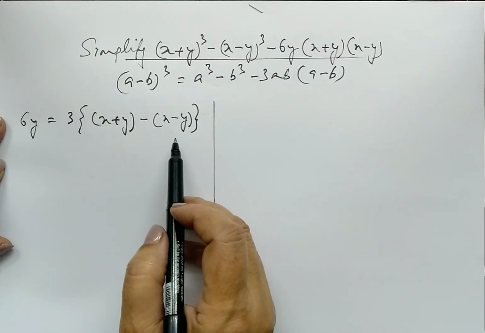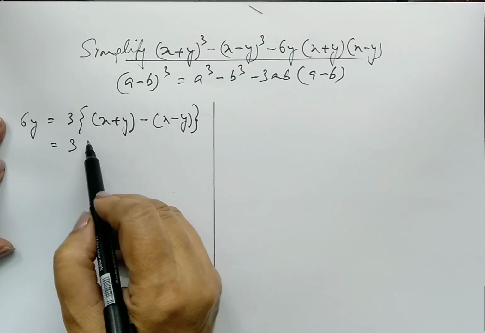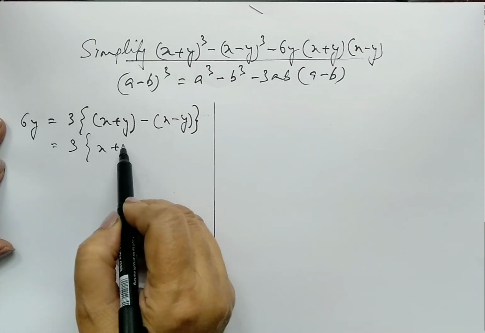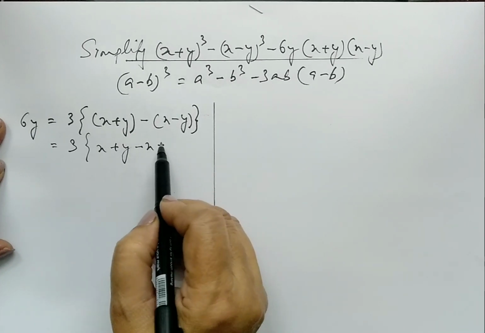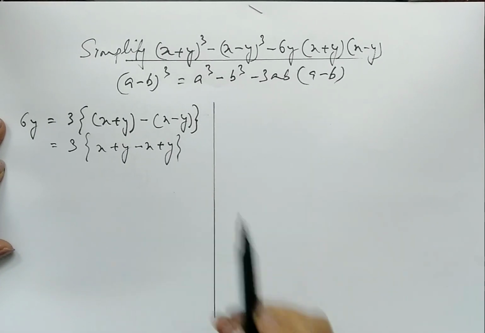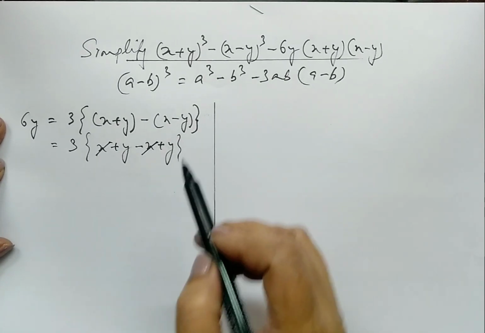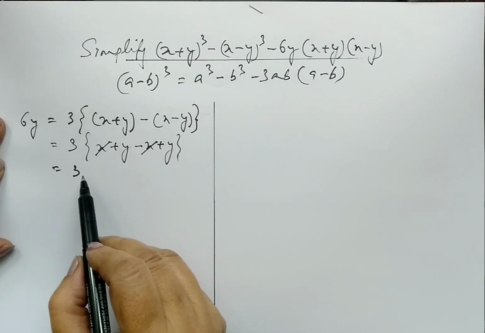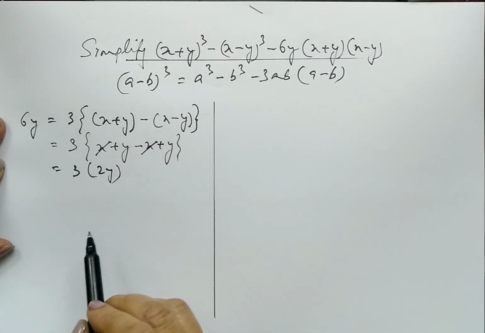So if I were to simplify inside, I would get 3, curly bracket begins, and x plus y minus x, minus minus plus y. All right, so we can get rid of x here, and therefore I have 3 and 2y inside, correct?